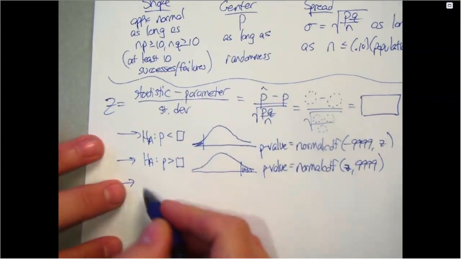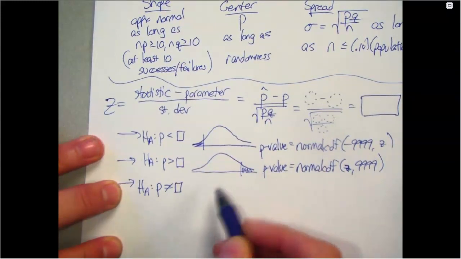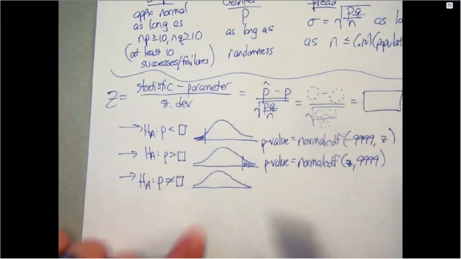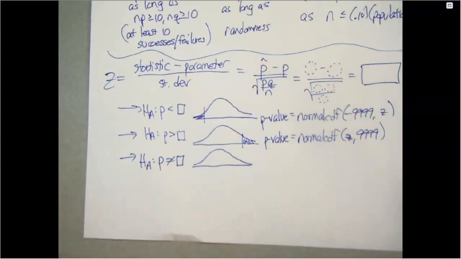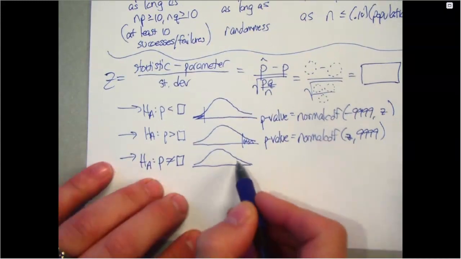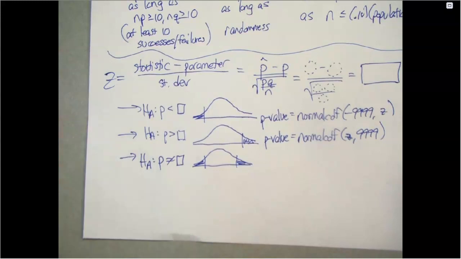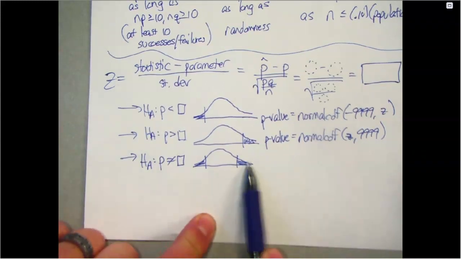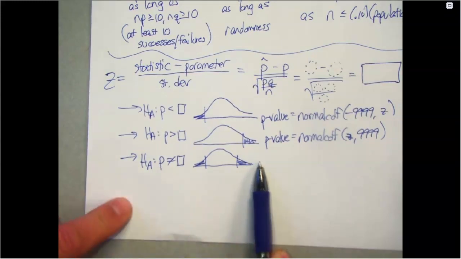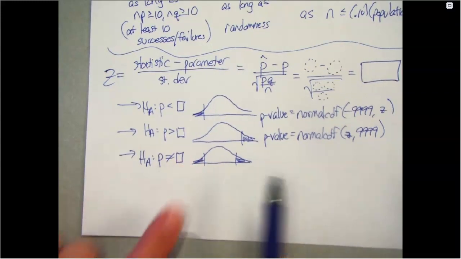And then it could also be that HA was P is not equal to. If that happens, you may get a positive z-score or a negative z-score. It could very easily go either way. But whatever you get, you got to do the other one too. So if I got a positive 2 for my z-score, I'd go to z equals 2 and shade above it. I would also go to z equals negative 2 and shade below it. We're looking at either side.